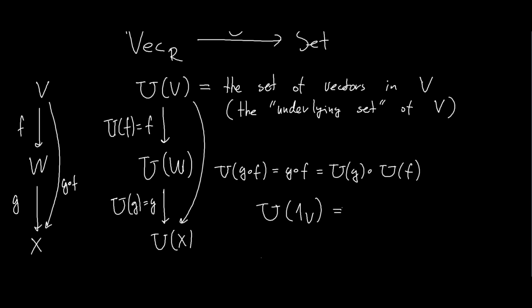So by our formula for U, it must be equal to the identity of U of V, where now I write the same V for the vector space and the underlying set. Maybe I should write it this way to make it a bit more clear. So we get a functor backwards.